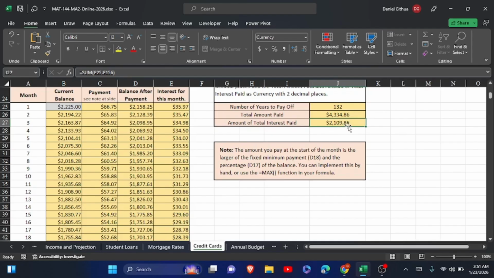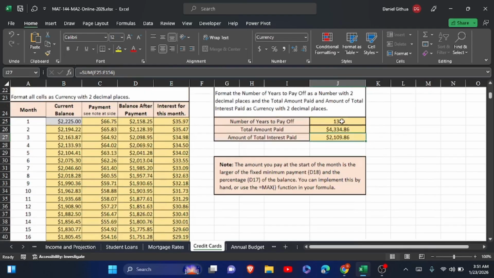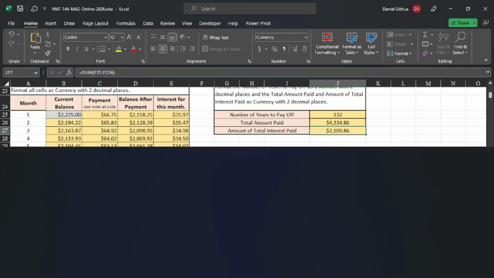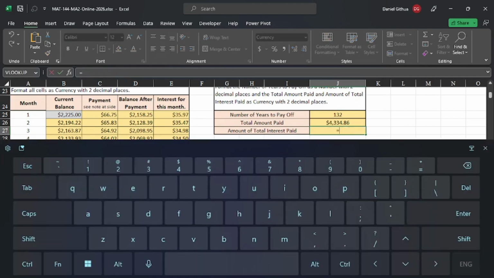To confirm that this is the correct answer, we subtract the starting balance from the total amount paid: the amount of total interest paid equals total amount paid minus the current balance, and enter.